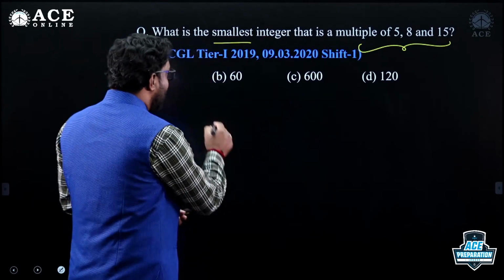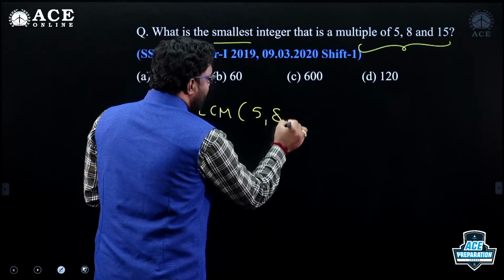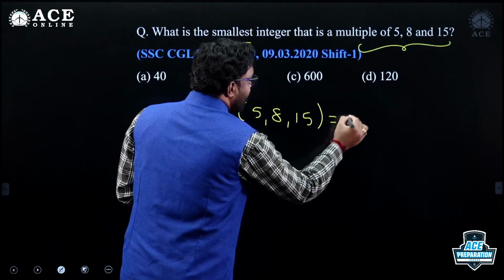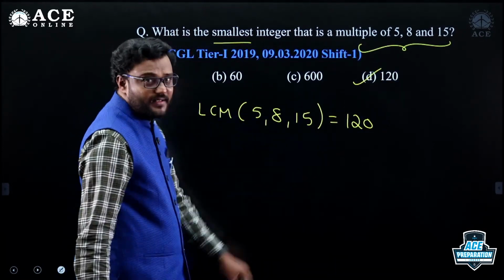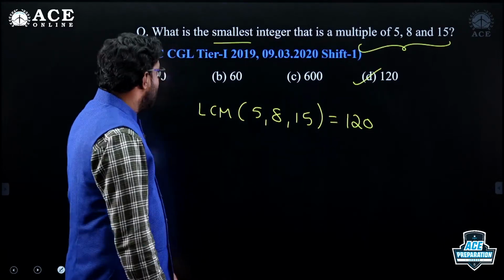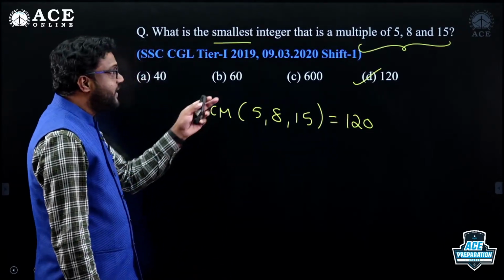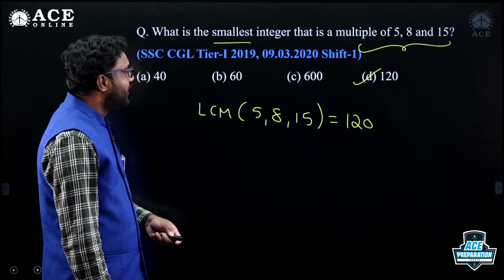So we should apply LCM here again. 5, 8 and 15, if you do it, you will get 120. You just check it out, practice this calculation, you will get 120, my dear friends.